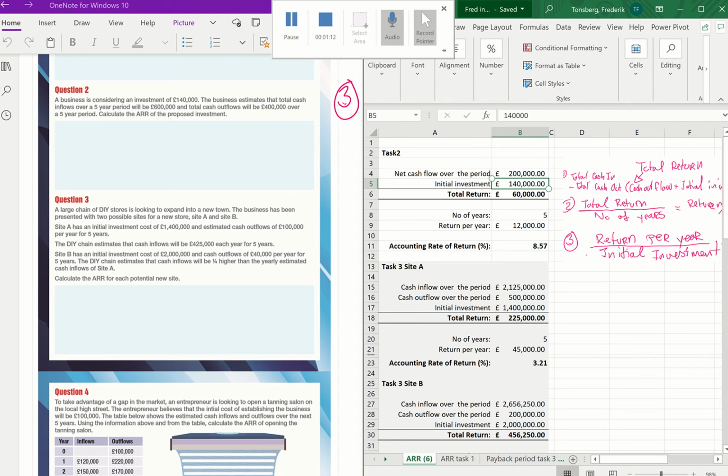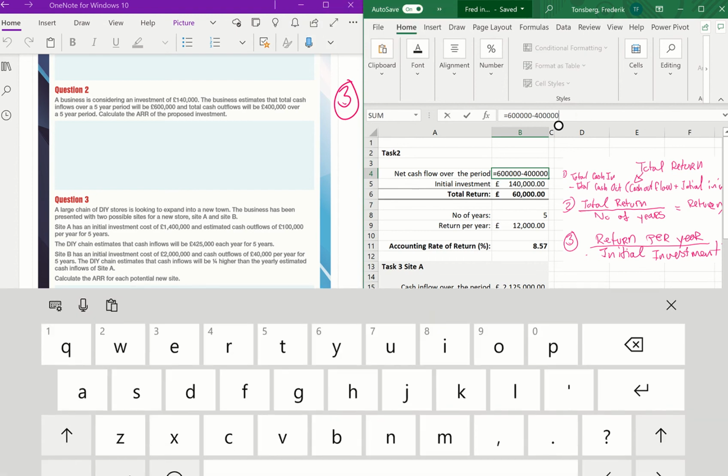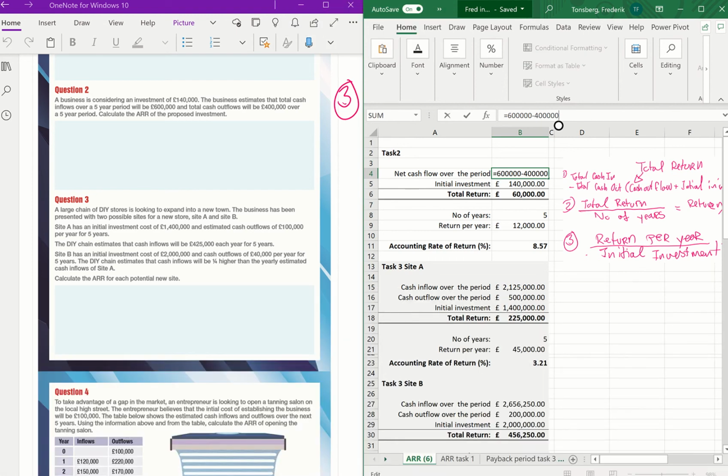Next, we need to work out what's the net cash flow over that period. And the tricky bit here is that you really need to read this question well, because it says that over the lifespan of the entire project, over the 5 years, they will have inflows of 600,000 and outflows of 400,000.